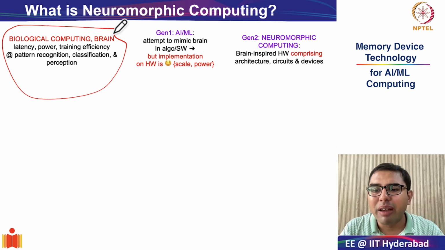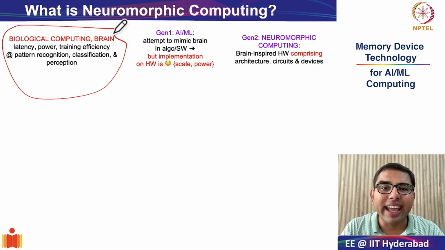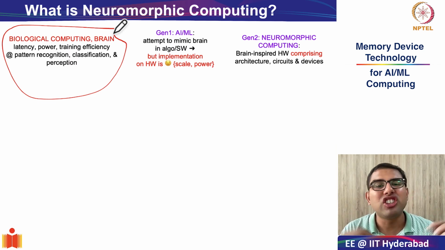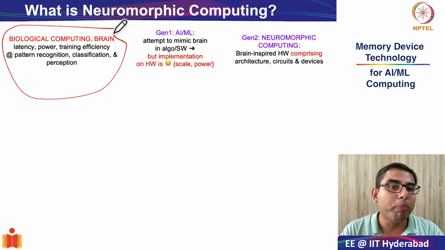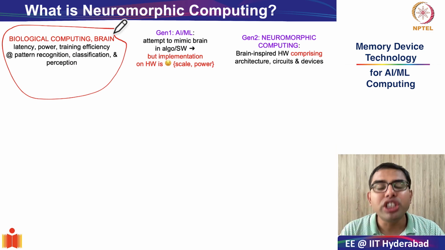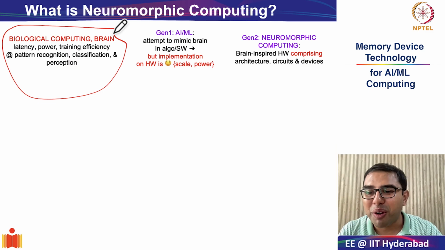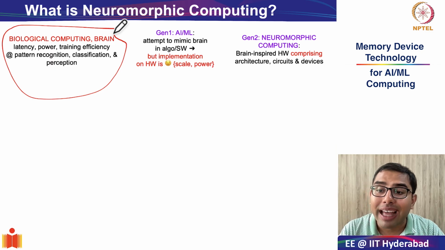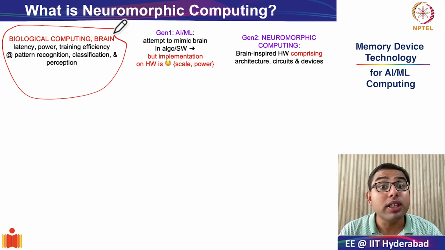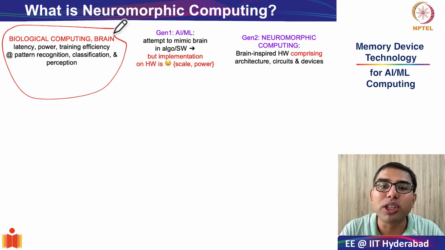And that is what motivated us to look at AI/ML algorithms, which is nothing but an attempt to mimic the biological computing in algorithms and in software. But we suffer from large power consumption, and the scale of the problems that we can solve are rather very simplistic, even after such high power consumption.